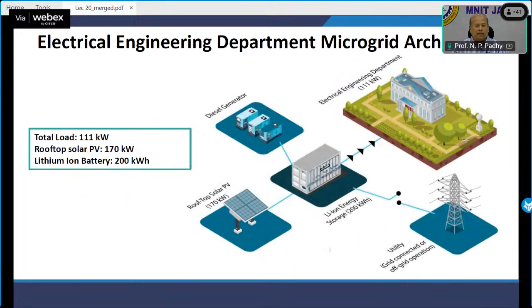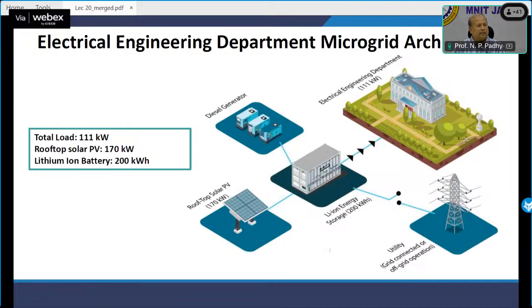So there are two scenarios that I would like to highlight. Probably this is quite interesting. All of you must concentrate here. Now, this is one of the microgrids available in the Department of Electrical Engineering. And you could see there is a lithium-ion battery at the center.